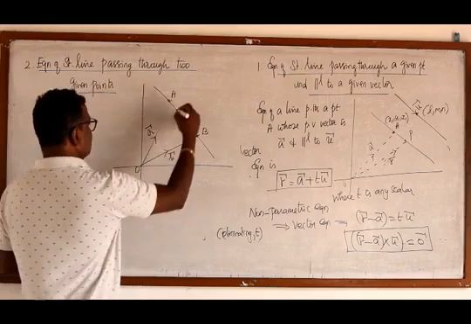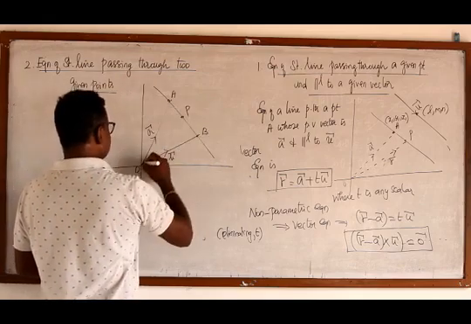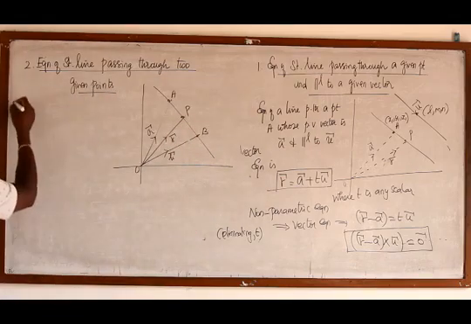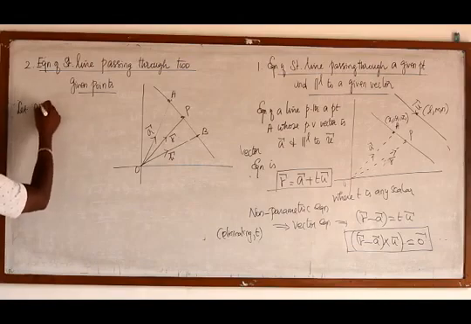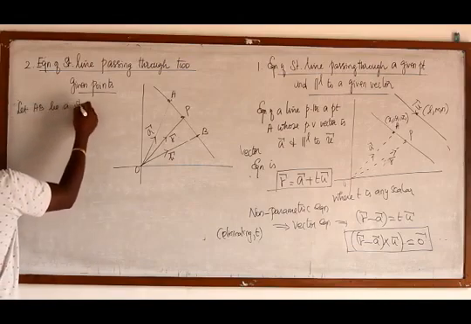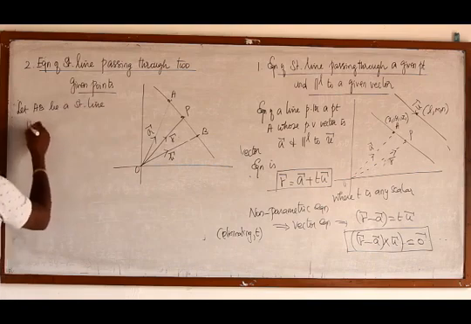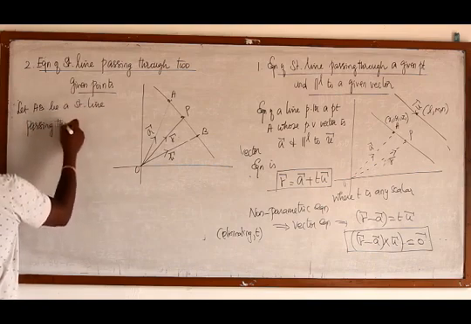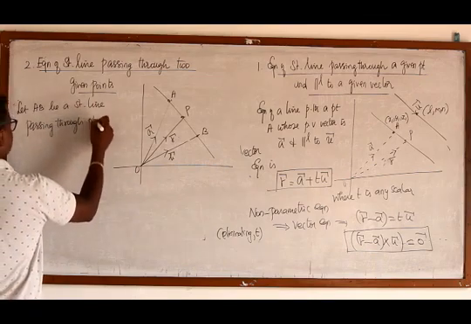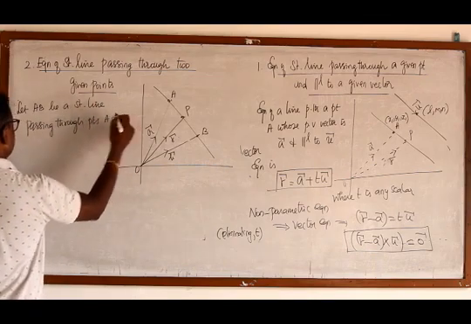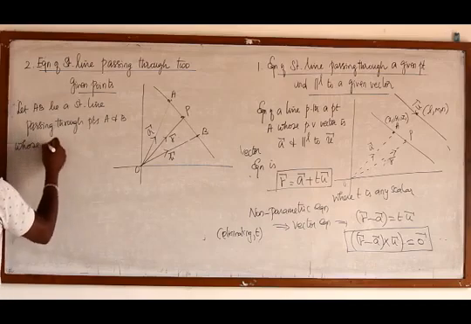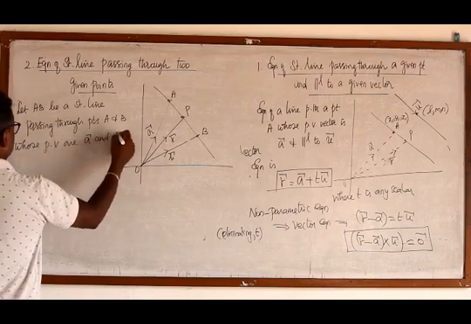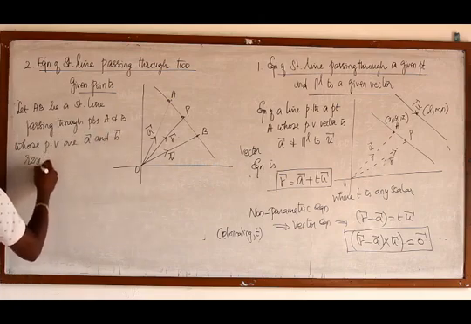Let AB be a straight line passing through points A and B, whose position vectors are a vector and b vector respectively.